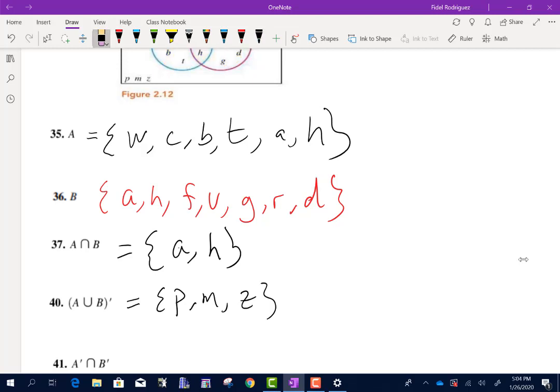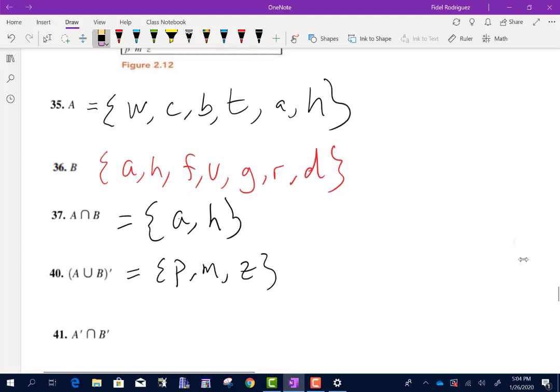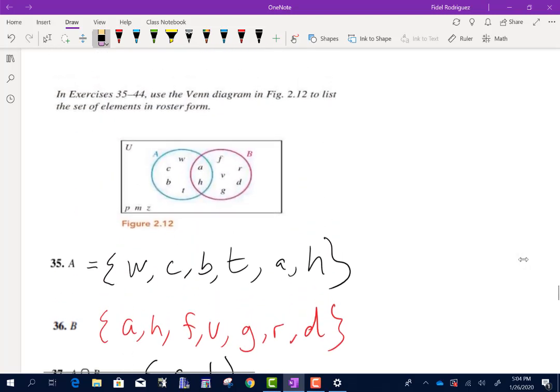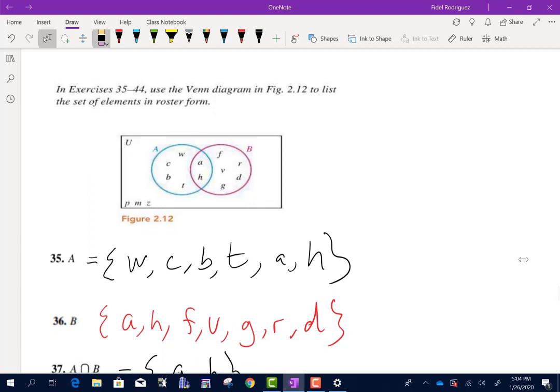Okay, so now the next one is going to be A complement intersection B complement. Sometimes when I'm doing a problem like this, what I find a little easier is to say, here's the set A. What would an A complement look like? If I didn't want everybody in this circle, wouldn't we have picked F, V, G, R, D, P, M, C, right?